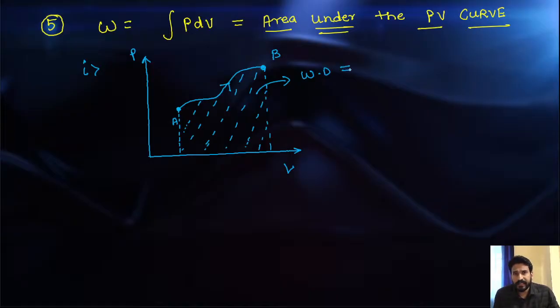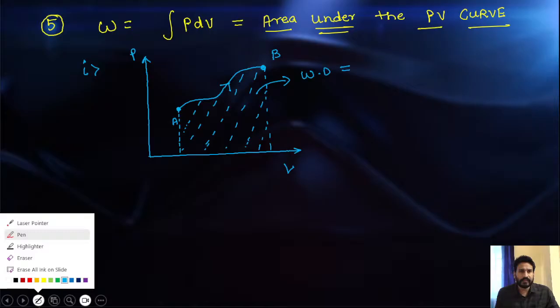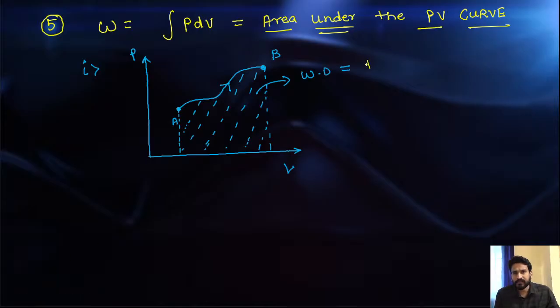And first of all, is it positive or negative? It is positive. Why? Because as you can see here, the process is A to B, and from A to B there is an expansion. There is an increment in volume, right? Is it clear to you?